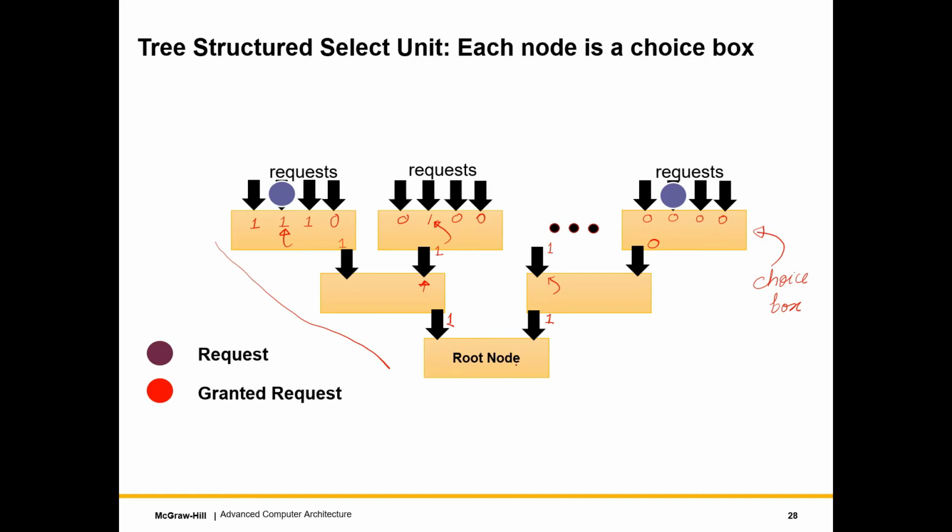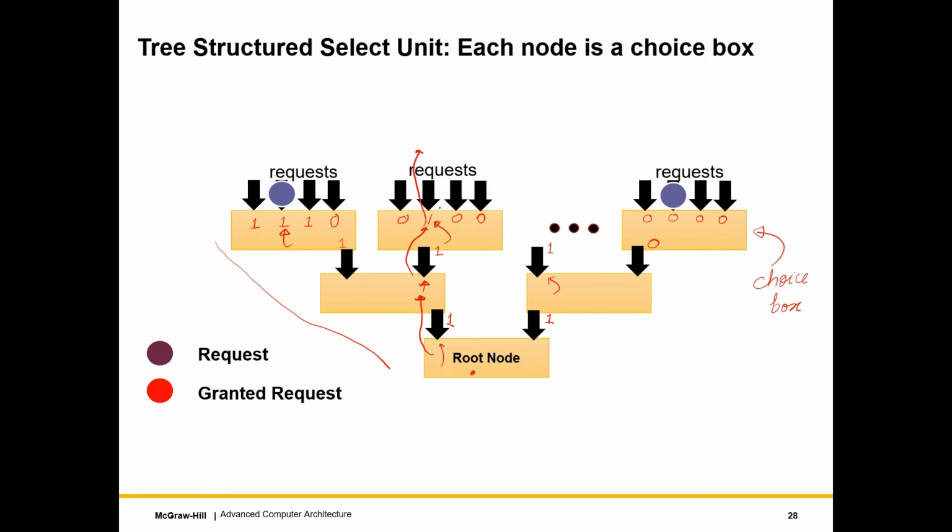Finally, the root node will make a choice. Let's say it chooses this one. Then it will decide to grant the request. The grant signal will follow the reverse path. It will grant this. Then this choice box will go back to the request that it had remembered. So then this is this, and then the grant signal will go via this route.